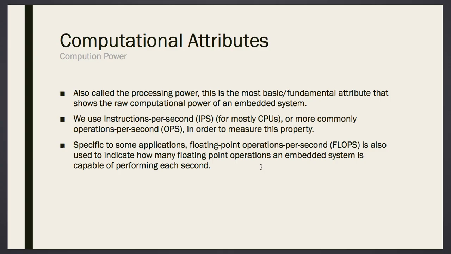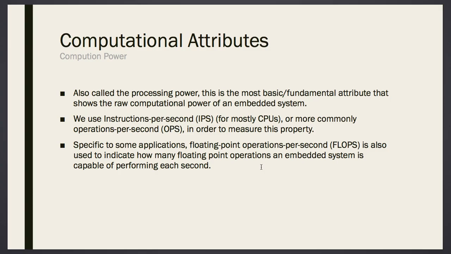So to understand it, for mostly CPUs, we use instructions per second. How many instructions can you do in a second? Or since instructions can vary from architecture to architecture, like for a CPU, it's an instruction set of assembly instructions, but for a GPU, it is kernel functions, which is something different we are going to talk about in the systems engineering videos.